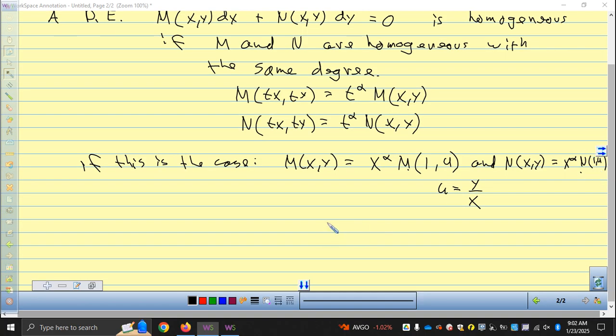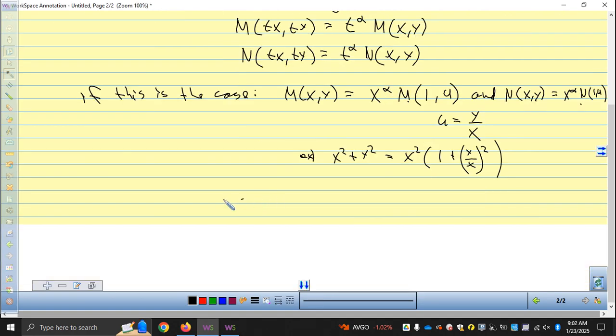And let me go back to our example. x squared plus y squared we can write as x squared times 1 plus y over x squared. So this is what we're doing to our functions. If our functions are homogeneous, we can rearrange them this way.